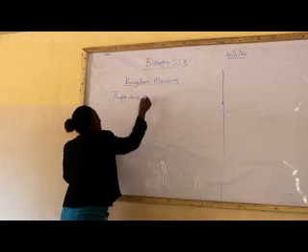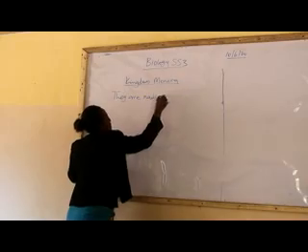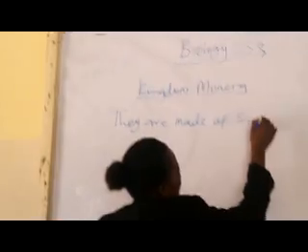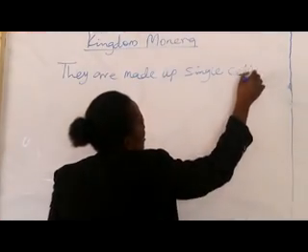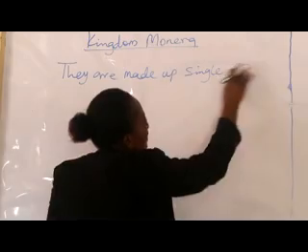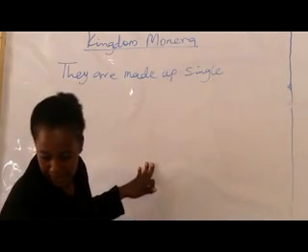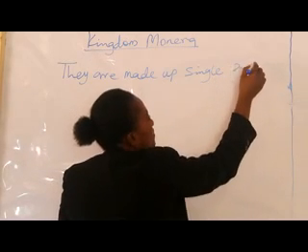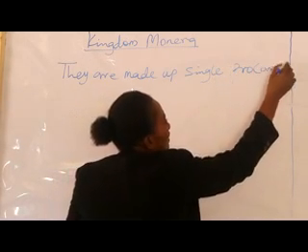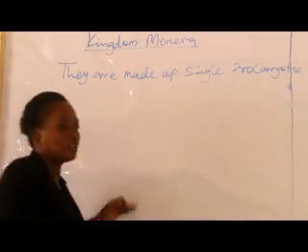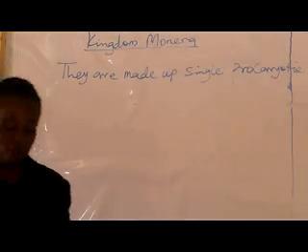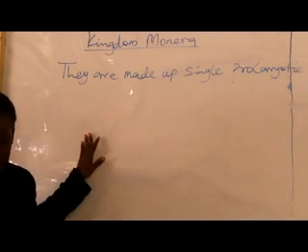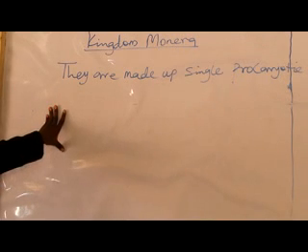They are single-celled organisms. One cell. They are made up of a one-cell organism, enclosed within a rigid cell wall.